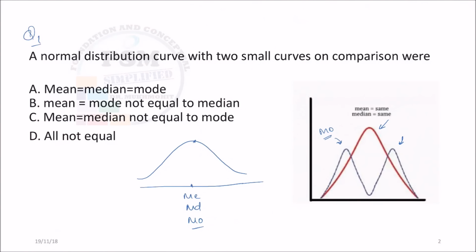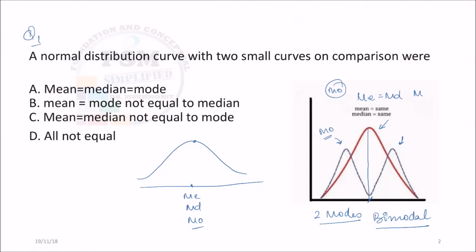So this blue color curve had two modes. It is a bimodal curve. You need to understand that there were two modes, and the mean and the median would be the same. Can you appreciate this on the curve? The mean and median would be the same, but there are two modes.